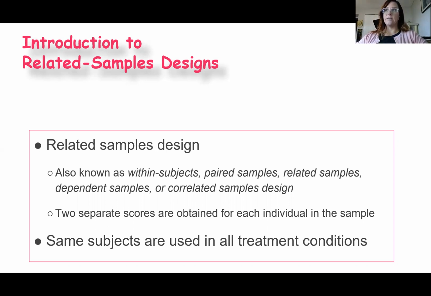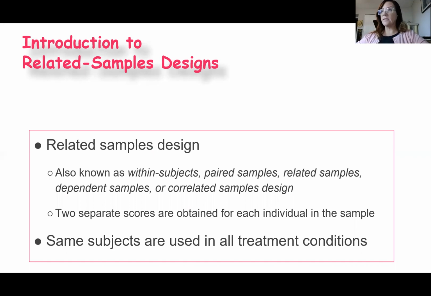And in some cases, you might have 3 scores or 4 scores, and that would be a different type of analysis, but it would still be a related samples design. So basically, you have the same individuals being measured on the same thing in multiple different conditions. The related samples design is called a lot of different things.